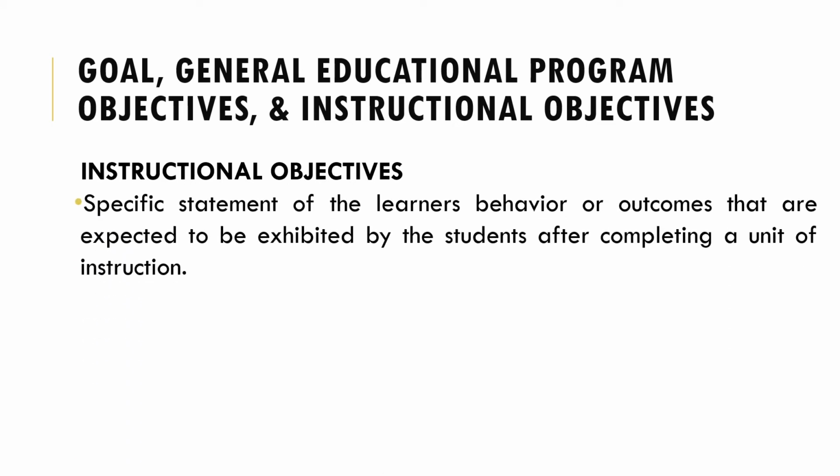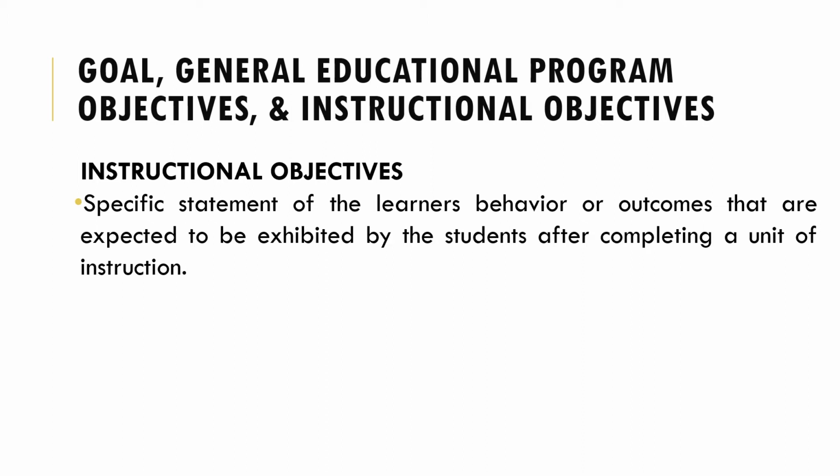Next, I think the last we have is the instructional objectives. Instructional objectives are specific statements of the learner's behavior or outcomes that are expected to be exhibited by the students after completing a unit of instruction. What instructional objectives mean is, for example, a single lesson: a specific statement of the learner's behavior or outcomes that we expect to see from the student at the end of a unit of instruction.